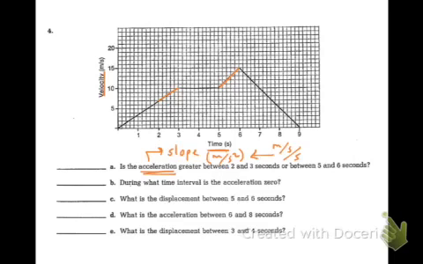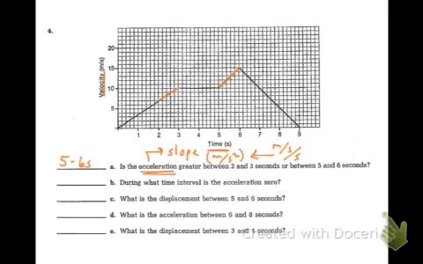Or you could just simply look at it and say, well, which one is steeper? If it's steeper, that means that it's covering more ground over the same period of time, or it's moving faster over the same period of time. So, one that has a steeper slope is between 5 and 6 seconds.